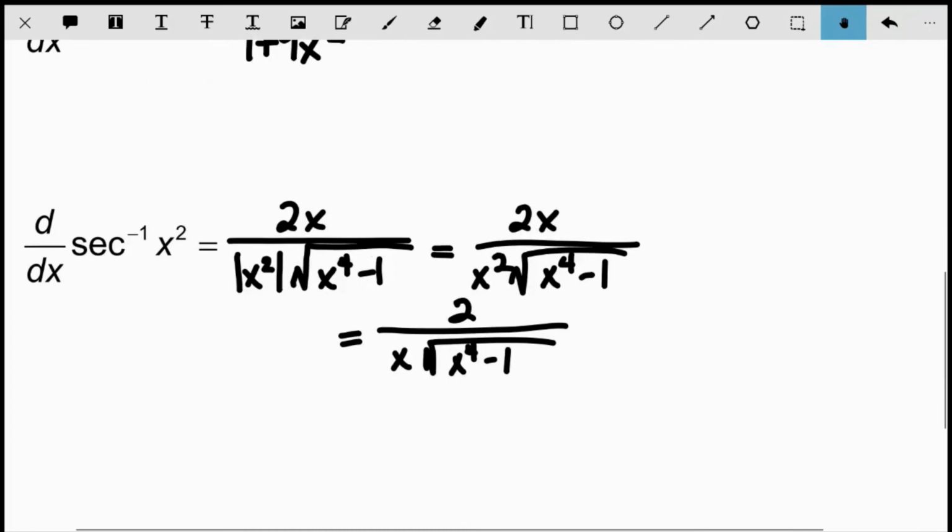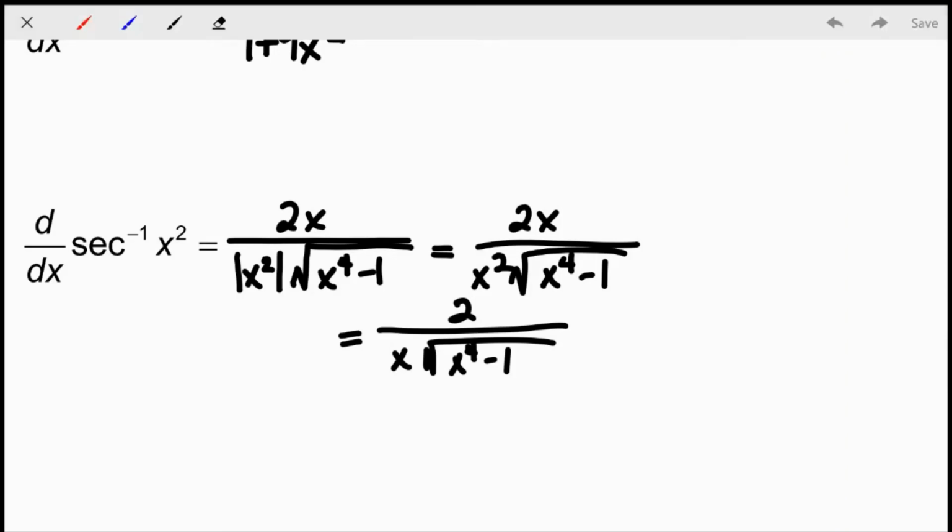But the last one here is the inverse secant of x squared. So you can see that the very first step, I really have my solution here. This is an okay solution. However, absolute value of x squared, I don't really need the absolute value.